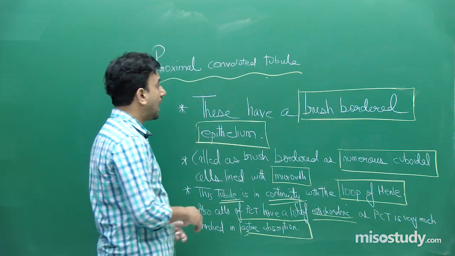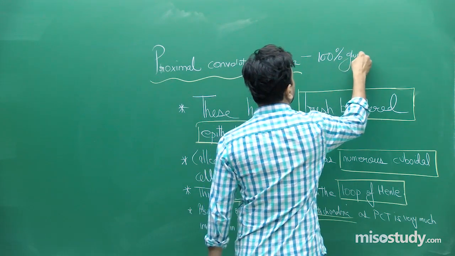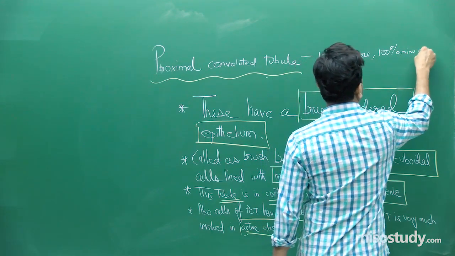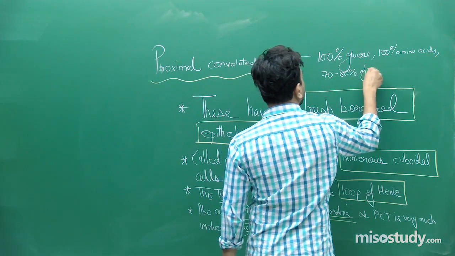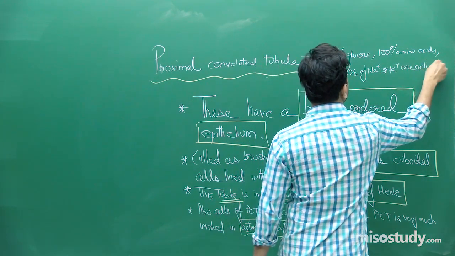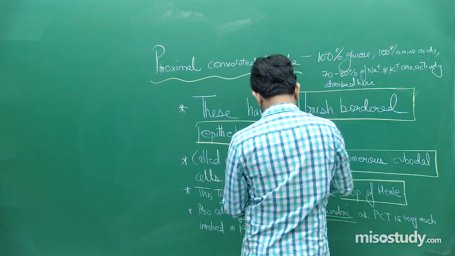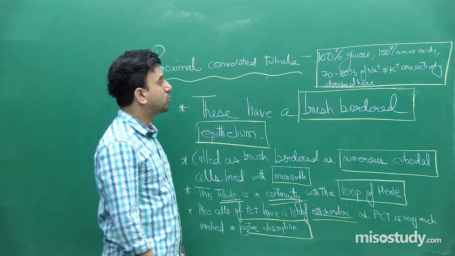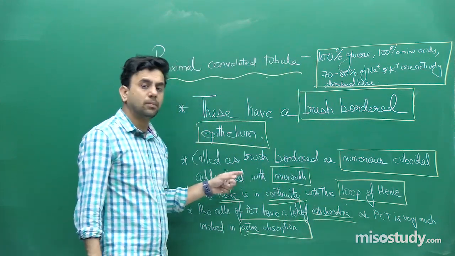So what is absorbed here actively? 100% glucose, 100% amino acids, 70 to 80% of sodium and potassium ions are actively absorbed here, in the proximal convoluted tubule.